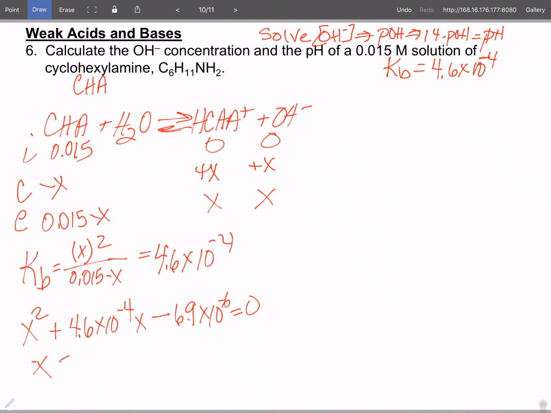So we solve for X. X is equal to 0.0024068, which is equal to the HCHA conjugate and the hydroxide. So we're asked for the OH minus concentration.